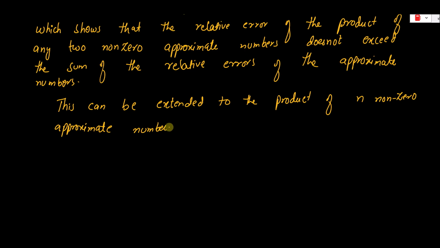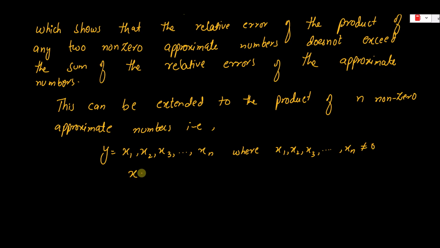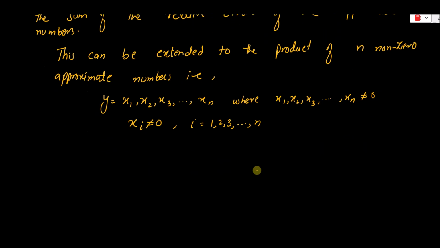That is, y is equal to x1, x2, x3 and so on up to xn, where x1, x2, ..., xn are not equal to 0. So if we write that xi is not equal to 0, then i must be equal to 1, 2, 3 and so on up to n.